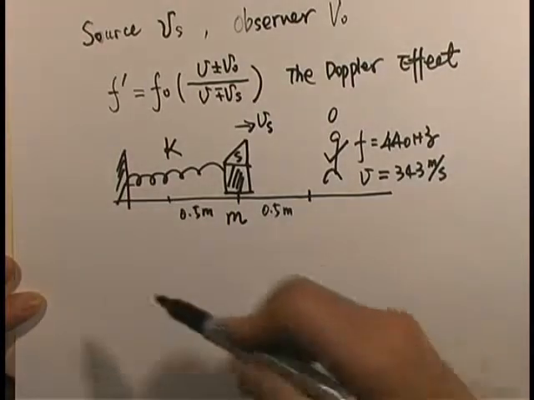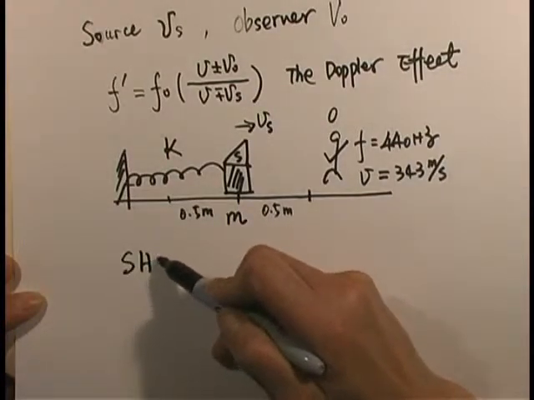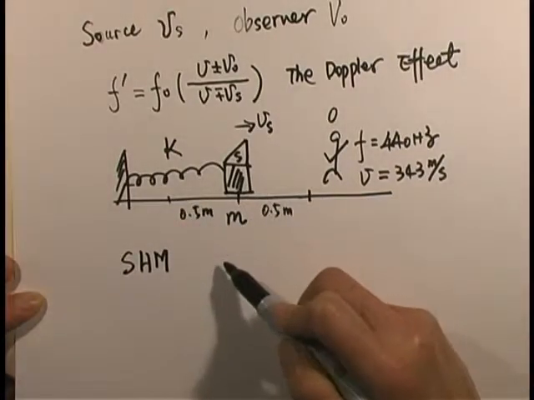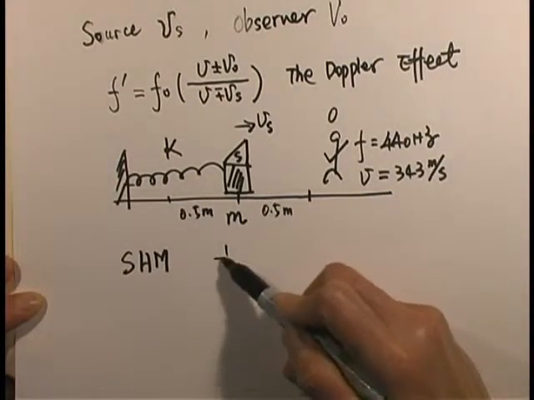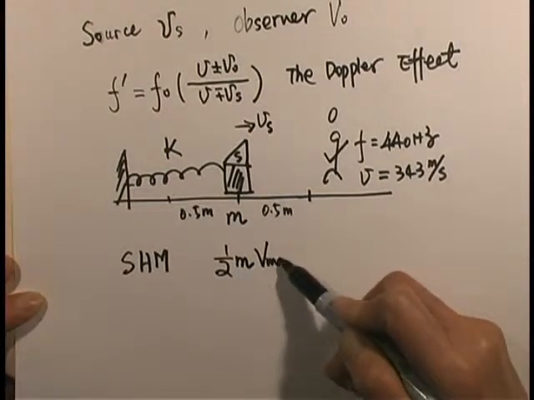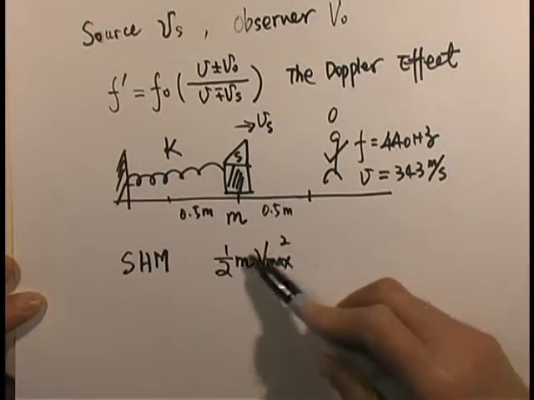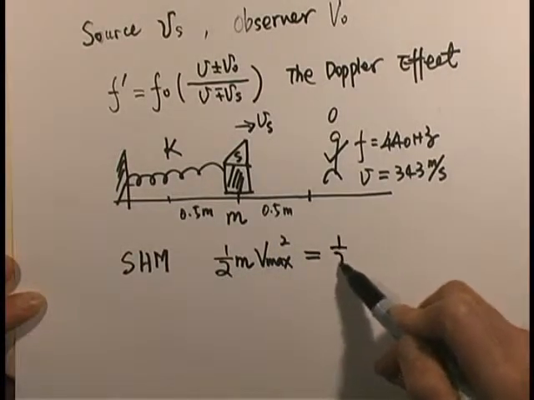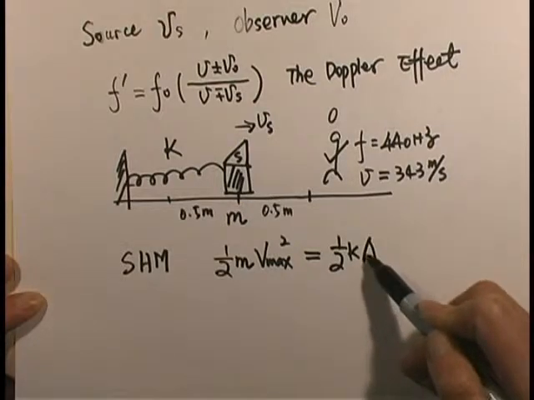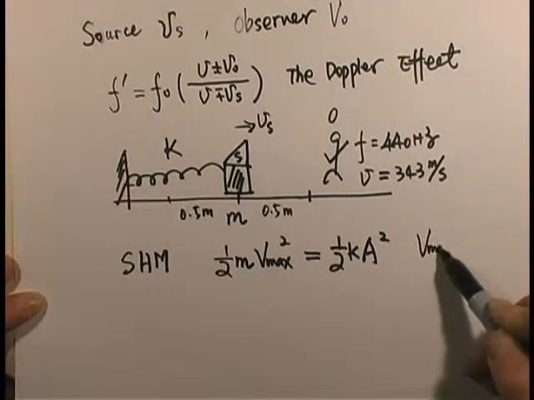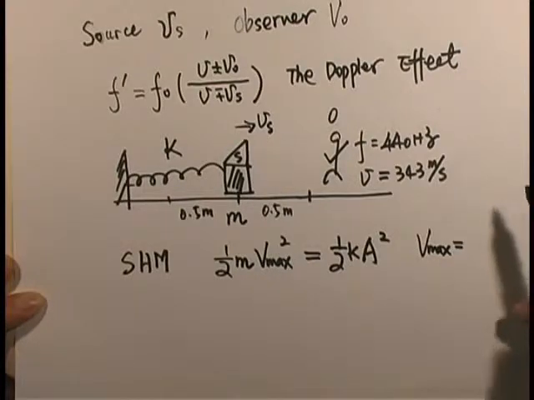As we learned from simple harmonic motion, at the equilibrium position, the speed reaches the maximum. So at that time, we only have kinetic energy, 1/2 m v squared. This is the maximum. This total energy comes from the initial 1/2 k A squared. So we can solve for this maximum speed at the equilibrium position.